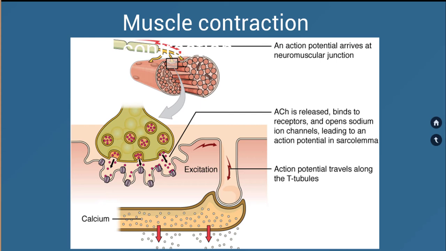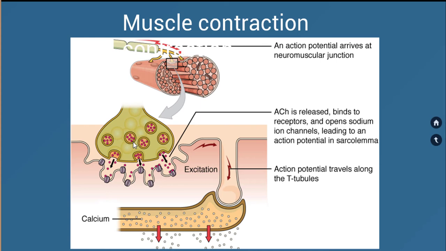Here in this picture, you can see an action potential arise at the neuromuscular junction. Here, the transmitter of the axon terminal is acetylcholine. Acetylcholine is a transmitter or mediator.